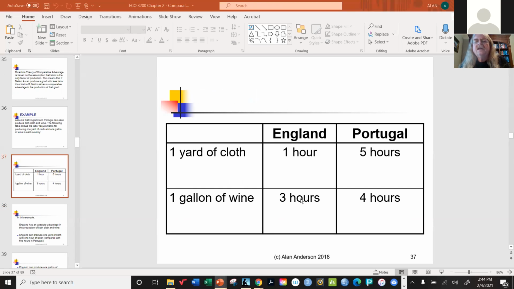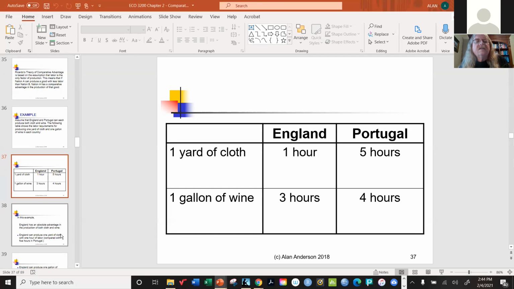Whereas when it comes to the wine, England requires 3 hours and Portugal requires 4 hours. So England is more efficient in both goods, but their efficiency is more pronounced with the cloth, where it only takes 1/5 as long as Portugal to produce the cloth, but 3/4 as long to make the wine.